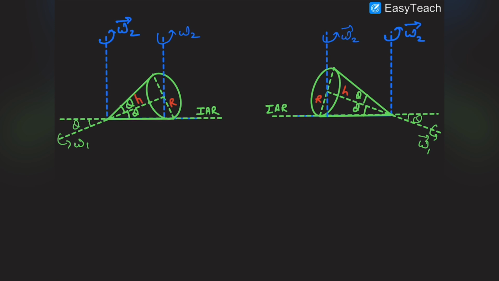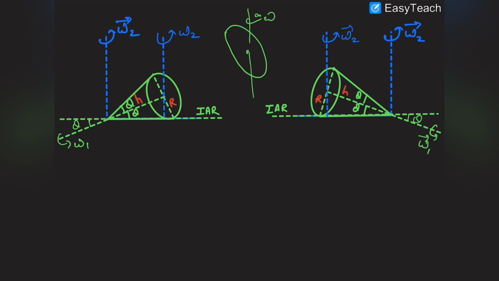So what I am trying to say is that I have made these two views of the cone. This is the initial view, and finally after a half turn it would be like that. So you can see that this diameter line is like that, and after a half turn it would be like that. So you can imagine that the base of the cone is a ring, and this ring is rotating about this axis like that.